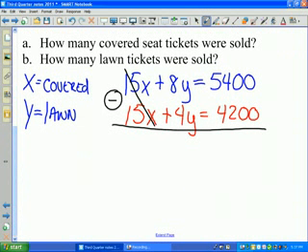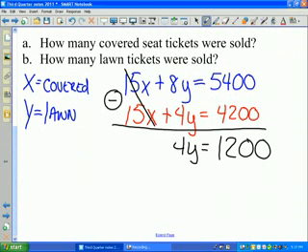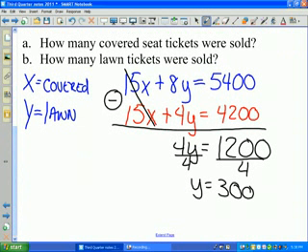When I subtract them, my x's cancel out. 8 minus 4 gives me 4y equals 5,400 minus 4,200, which gives me 1,200. And if 4y equals 1,200, that means y is going to equal 300 because I had to divide both sides by 4. So now I have an answer of y equals 300.